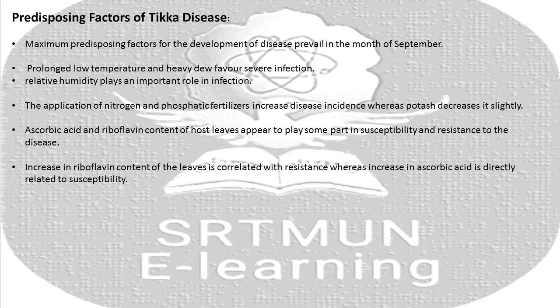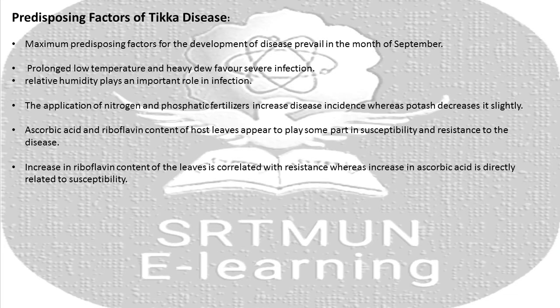Now next point, the application of nitrogen and phosphatic fertilizer increases disease incidence, whereas potash decreases it slightly. Now next point, abscisic acid and riboflavin content of host leaves appear to play some part in susceptibility and resistance to the disease.